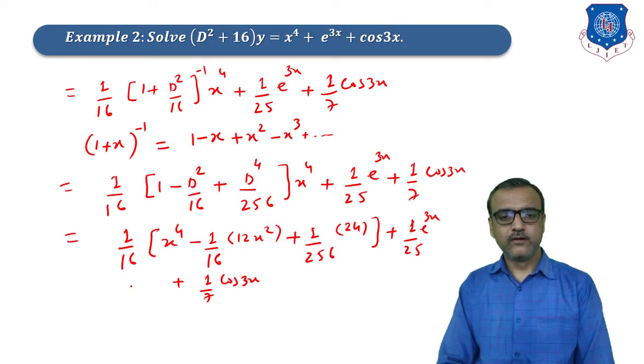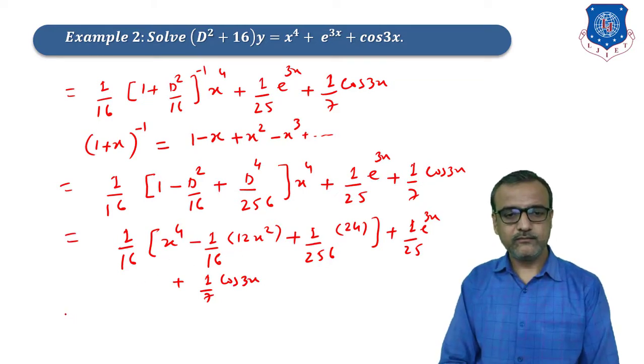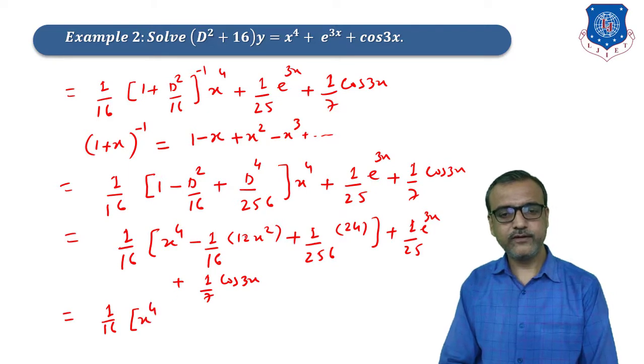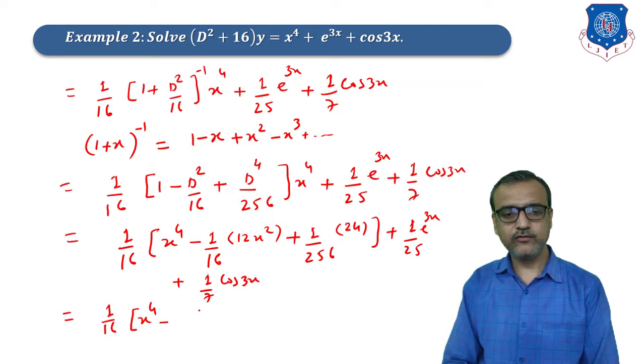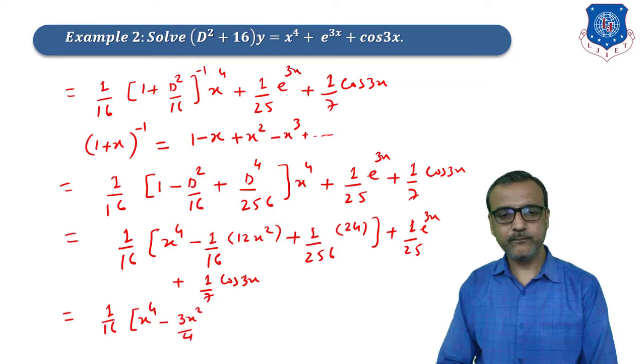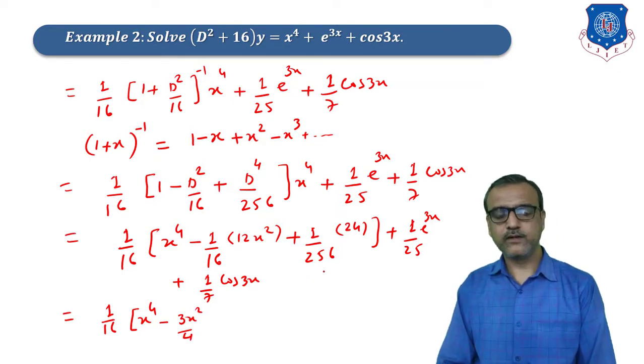Okay, now we will simplify this result. So this is equal to 1 over 16 times x raised to 4, then 12 by 16, dividing numerator and denominator by 4, we have 3x square by 4. Then 256 is 2 raised to 8, and we write 2 raised to 8 as 2 raised to 3 multiplied by 2 raised to 5, and 2 raised to 3 is 8.